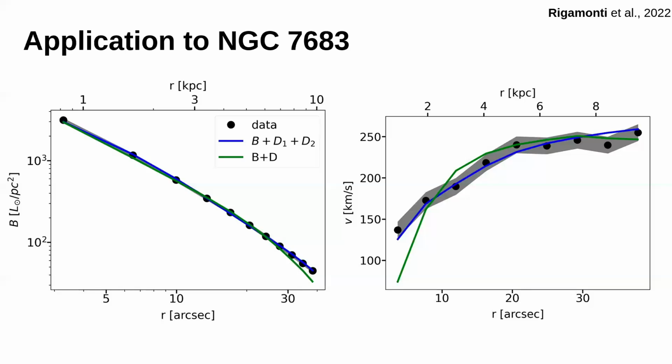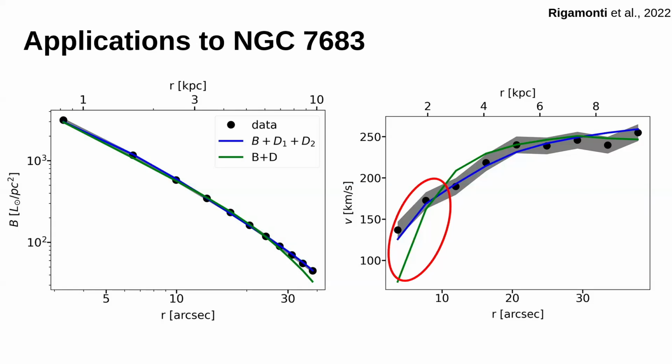In the case of two-component, I'm not able to well fit the velocity in the center. And this is because our assumption was of the bulge to be as close as possible to a classical one, so fully dispersion supported, no rotation there, okay?